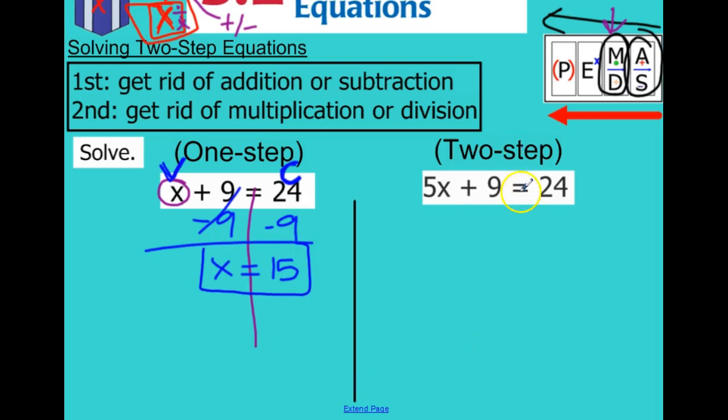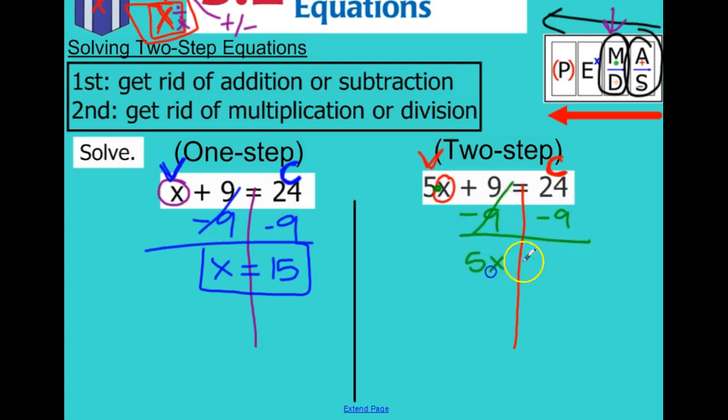Now, we have a two-step equation. Draw your line. We want to get x by itself. We want our variable to stay over here on the left and our constant on the right here. So first, we need to get rid of addition or subtraction. This positive 9 is what's added. This 5 is really multiplied. You can't get rid of that yet. So the opposite of adding 9 is subtracting 9.